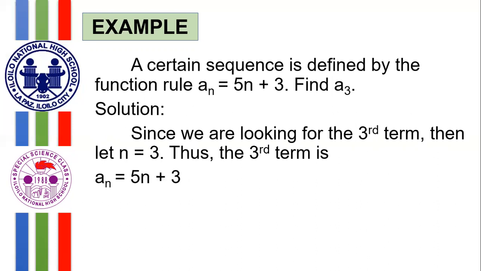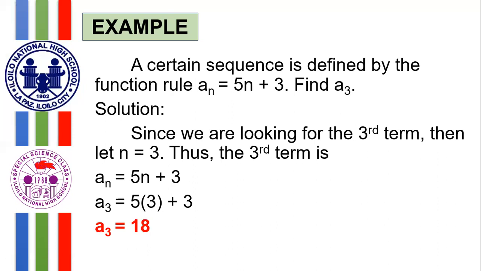Thus, the third term is, by substitution, a sub 3 equals 5 times 3 plus 3. So basically, we just replace all n's with 3. And using your GEMDAS rule now, 5 times 3 is 15, plus 3, and that gives you 18.